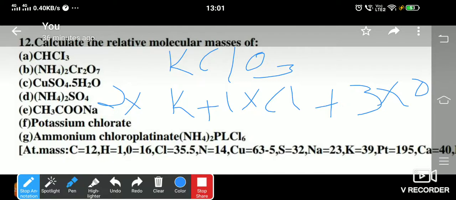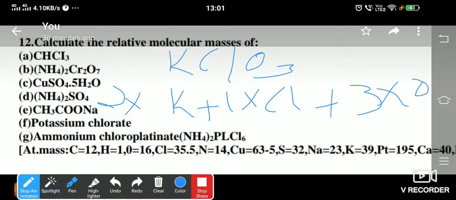They will not give you the molecular formula directly. They'll write the name. First, you have to write down the molecular formula, and then you have to solve it for finding the molecular mass of that compound. So you can write it down 1 into 39 plus 1 into 35.5 plus 3 into 16. And then you can do the multiplication part.